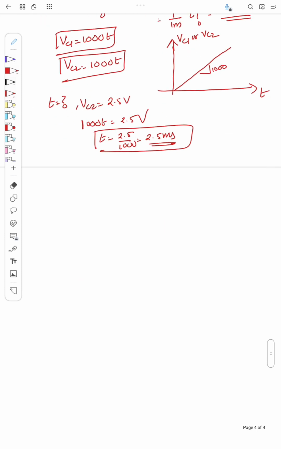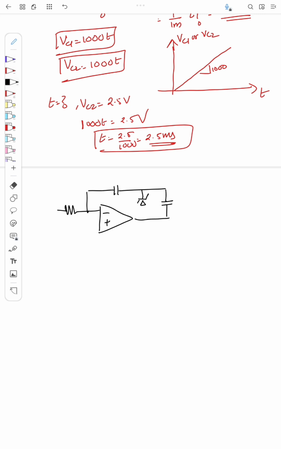Okay, so what happens, I will redraw the circuit again. Capacitor like this, and there will be a Zener here, and since this reaches 2.5 volt, that will be maintained now, right? V0, the voltage across the Zener, will now be maintained.